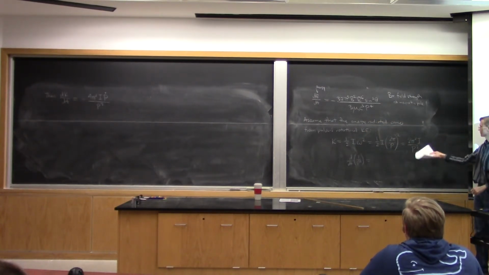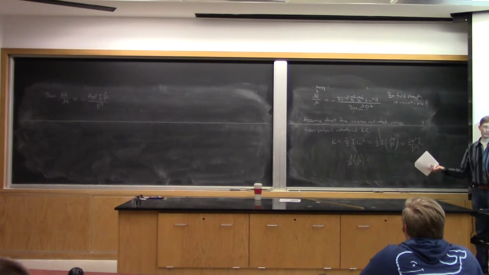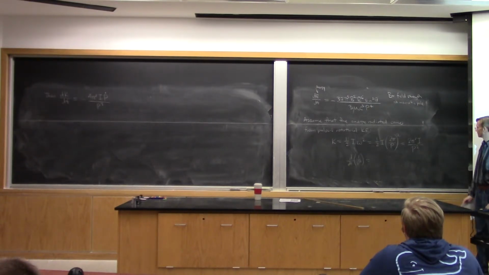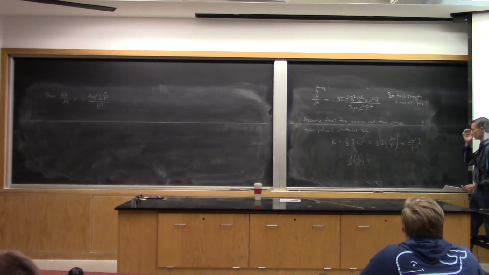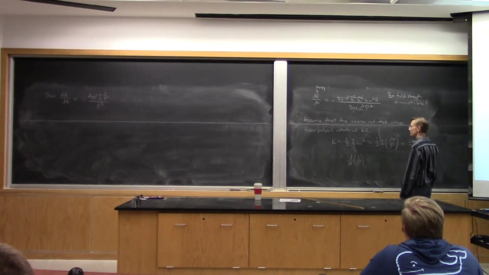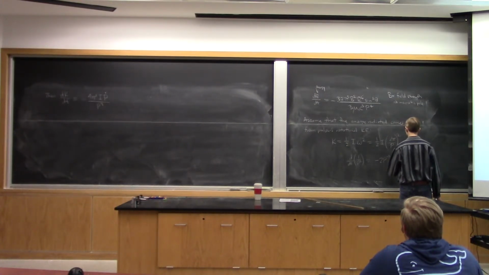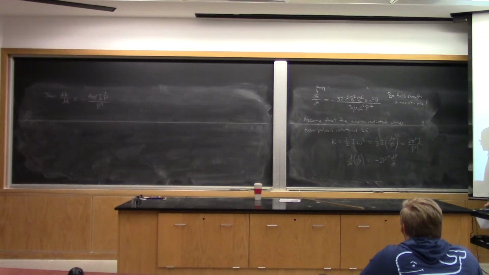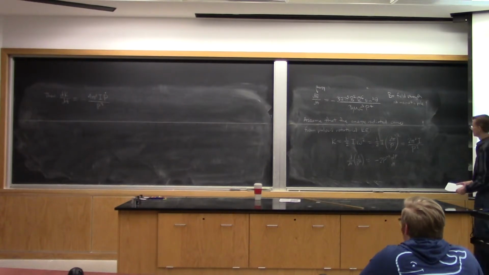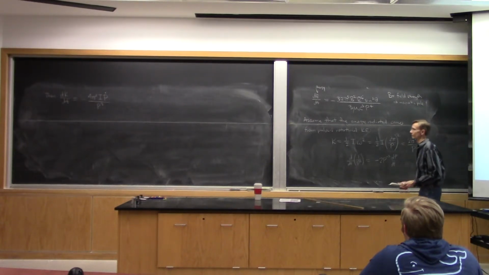In other words, the moment of inertia didn't change because the size of the star isn't changing. And so if I take the derivative of p to the minus 2, that's minus 2 p to the minus 3 dp/dt. So you get minus 2 p dot over p cubed, which is exactly what we have over there. 2 times 2 gives us a 4.